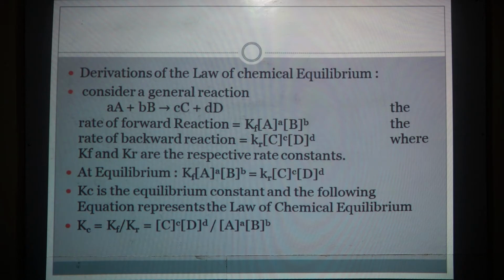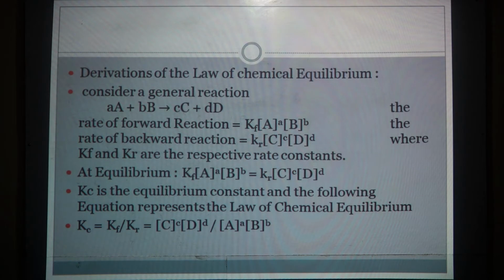At equilibrium, these two rates are equal. Therefore, Kf [A]^a [B]^b is equal to Kr [C]^c [D]^d. Kc is the equilibrium constant, and the following equation represents the law of chemical equilibrium.